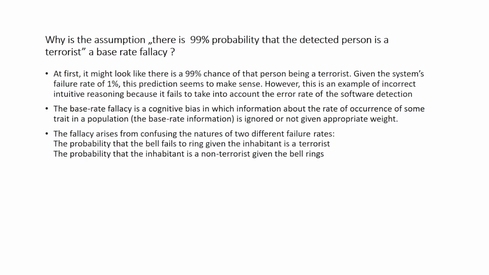So why is this assumption, that there's a 99% probability that the detected person is a terrorist, wrong? And that is the base rate fallacy.